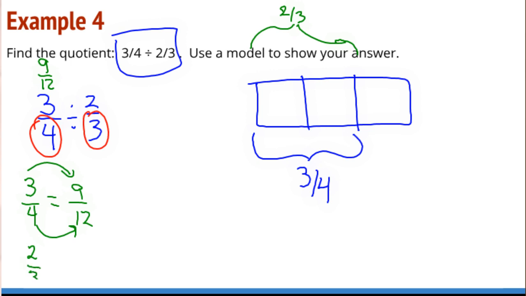And I've got 2/3, and I want to scale that to be a 12, which means I multiplied it times 4, and 2 times 4 is 8.